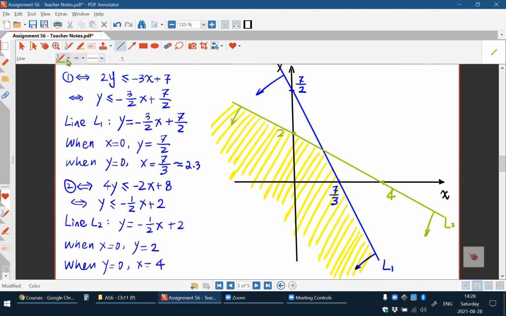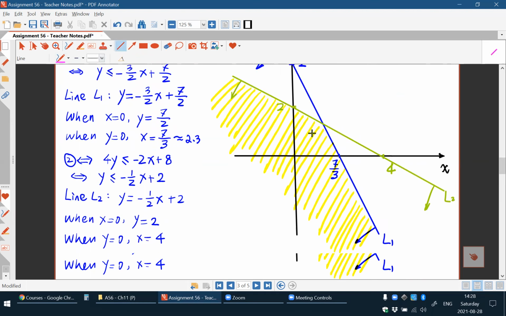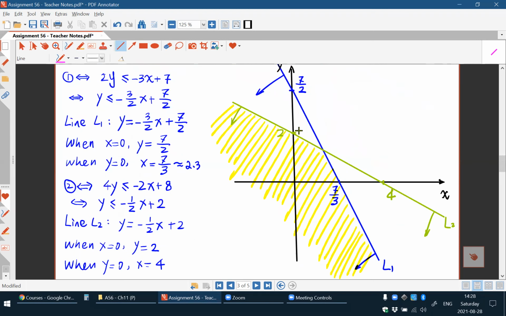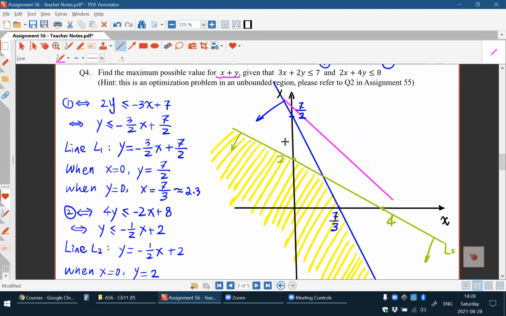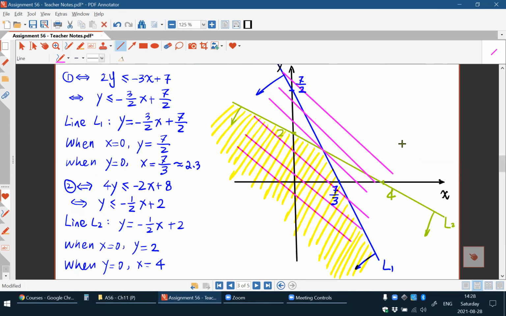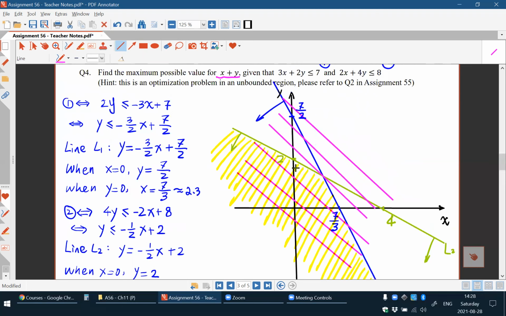An intuitive thought: note that this line has a slope of -1, so intuitively this line should look like this. Can you see where this line should be in order to maximize the y-intercept m? At first glance, it should be here.